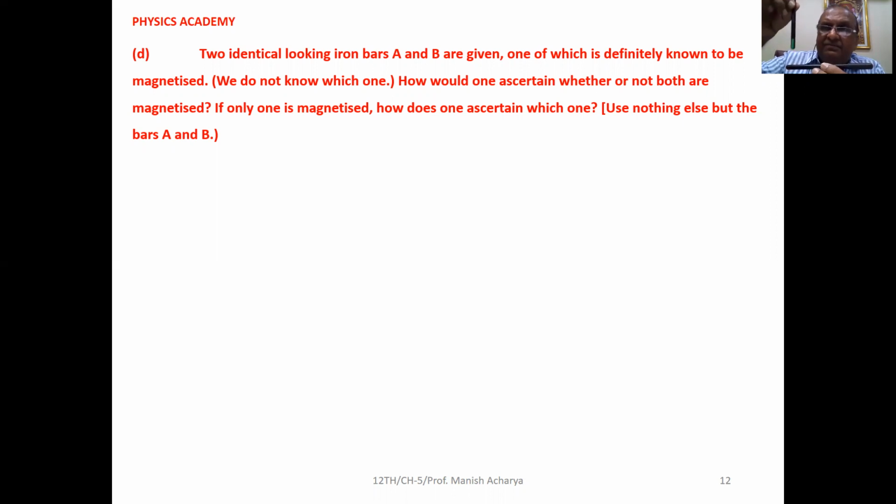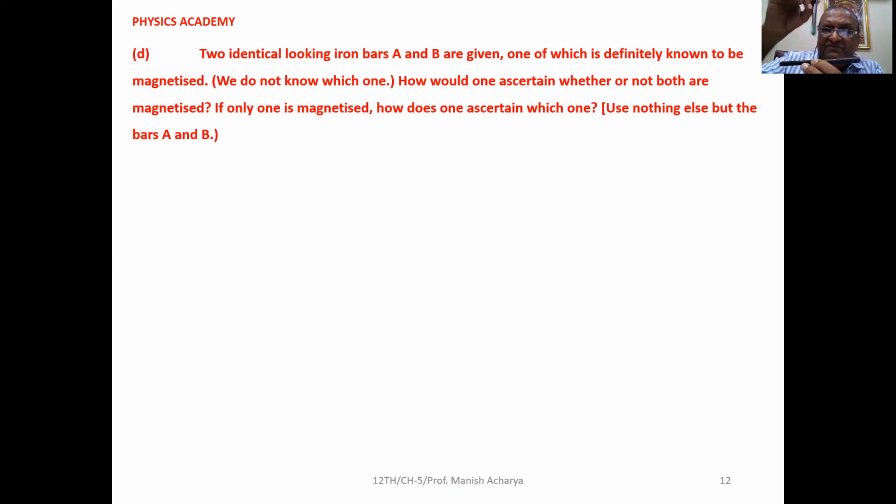So suppose we place this other bar at this end, and it experiences a strong force. Here also it experiences a strong force. But at the center, if we place this one and it experiences a weak force, it implies that this one is the magnetized one and this one is the normal bar.